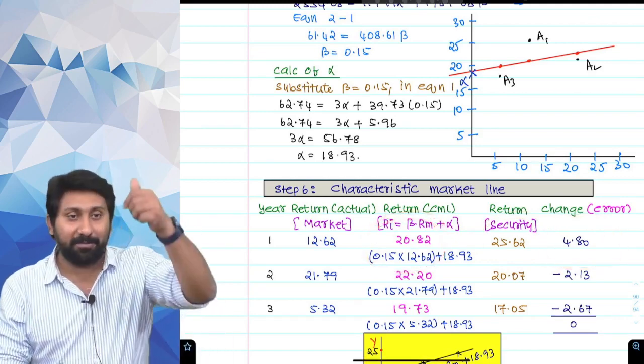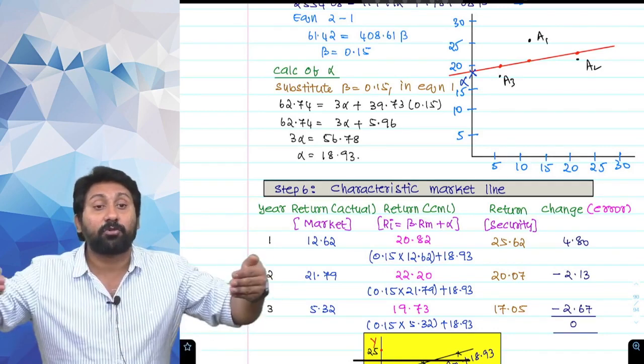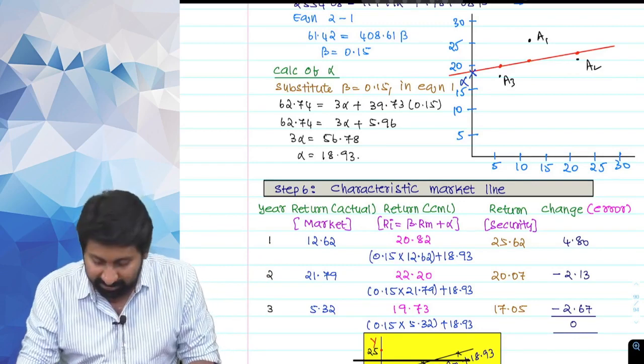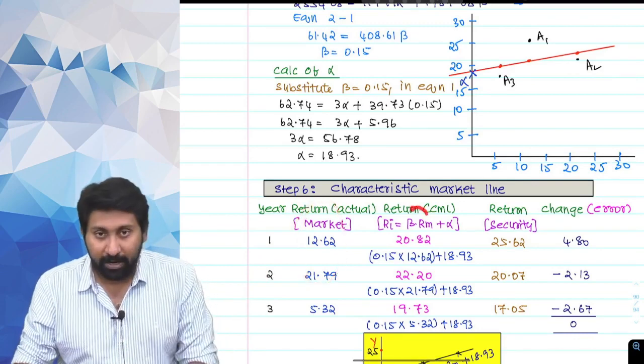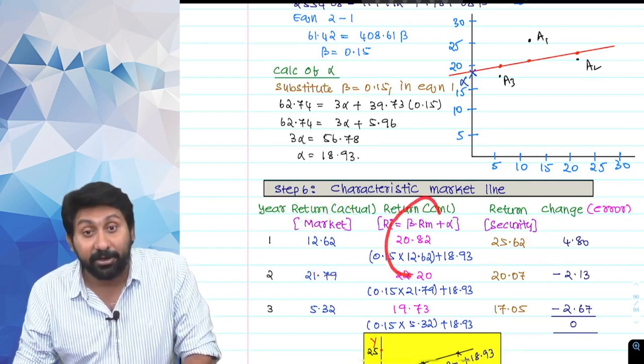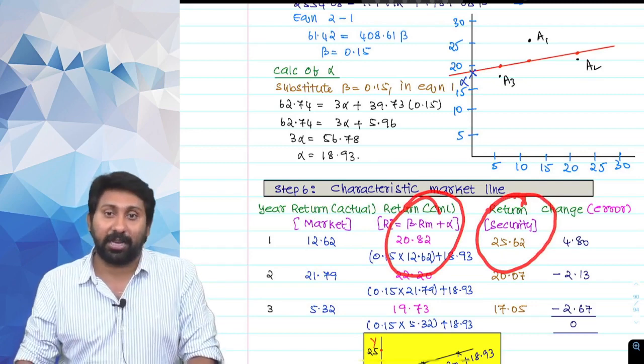Therefore, those are not forming a straight line. A straight line will be formed if you correlate the relation of two variables. Here, there are three variables. What are the three variables? First is the market return. Second is the security return because of the market, and third is the security return because of the total.